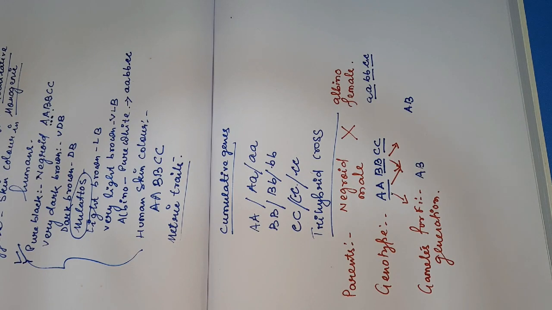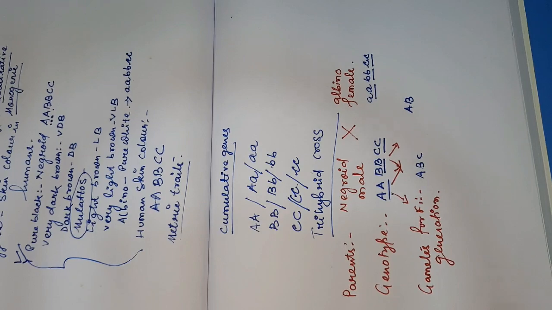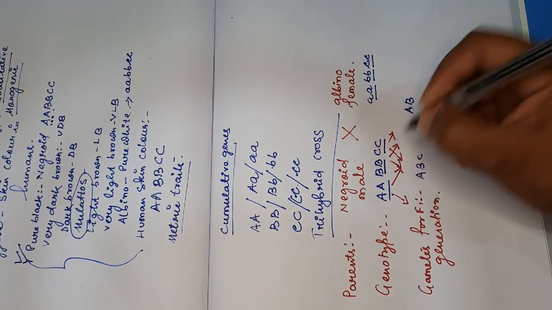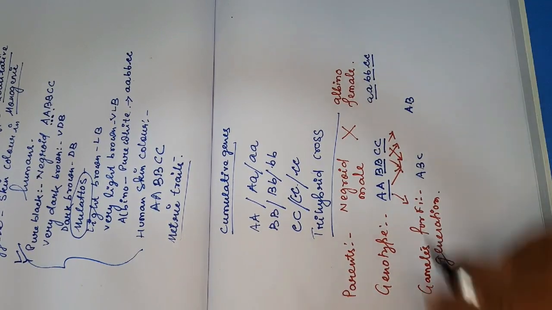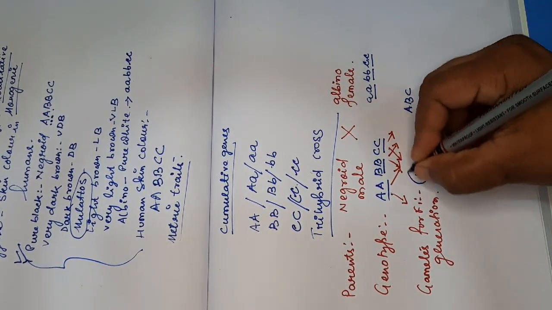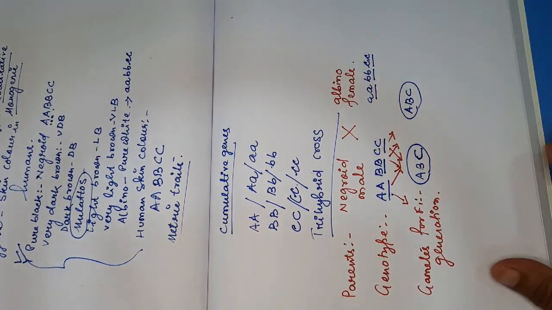Similarly, for capital C, 50% of the sperms will receive this complement, and the other 50% of the sperms, sorry, this arrow should be pointed towards this side. So the other 50% should be represented by this. So all the sperms basically will have the capital A, B, C genotype.